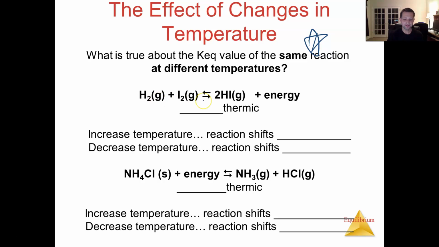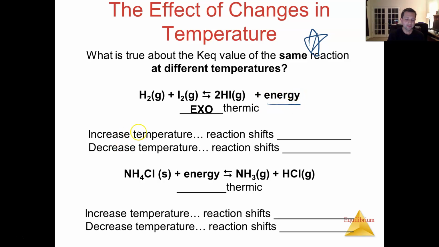So if you take a look at the first example, H2 plus I2 yields 2HI plus energy. Energy is on the product side. This goes way back to some Chem 1 and some Unit 1 stuff, actually. This is an exothermic reaction. So if your reaction is exothermic, energy is on the product side.